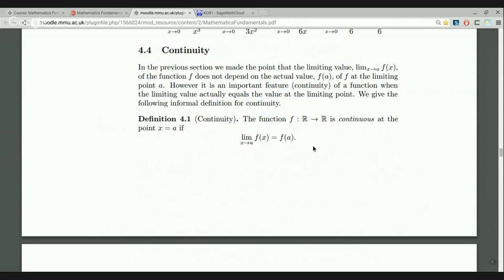So continuity of functions can be represented by, well, I hesitate to use the same word again, but by continuous or connected behavior of the graph of f.